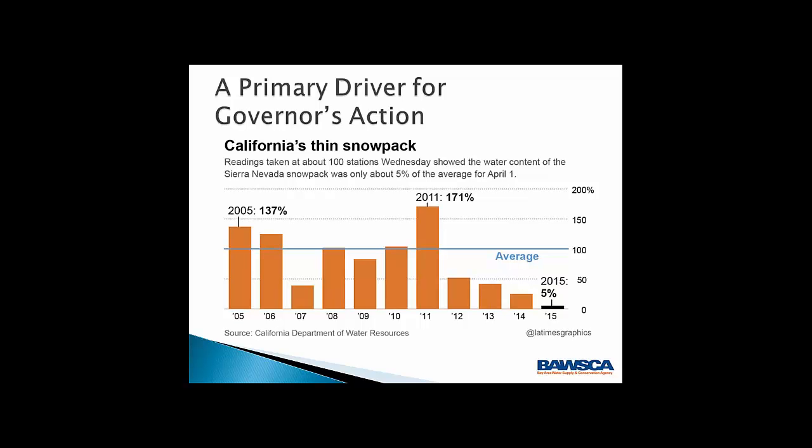Some years it's below, but over the long run, you tend to see wet years followed by dry years, and it balances out so that the state's reservoirs are able to refill. Looking at 2012 through 2014, we had 3 really dry years in a row, and 2015 was unprecedented in being at 5% of normal.